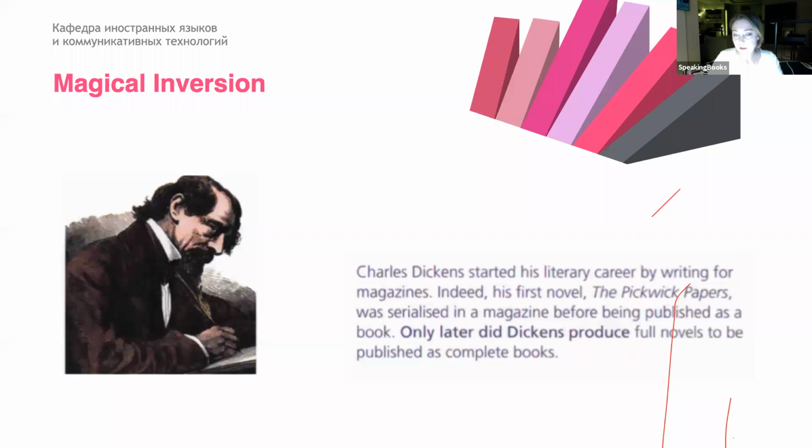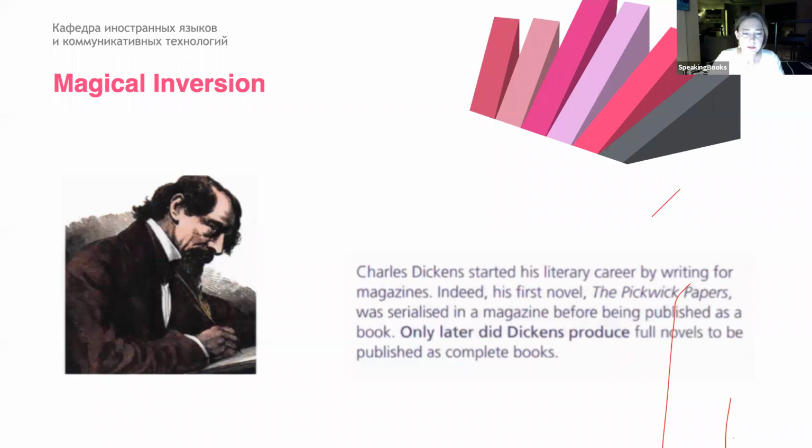Only later did Dickens produce full novels to be published as complete books. Well, you can see Sir Charles Dickens on this slide to the left. That's a drawing, not his photograph, not his portrait.